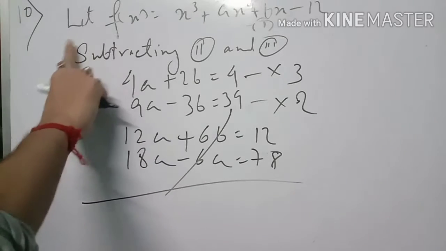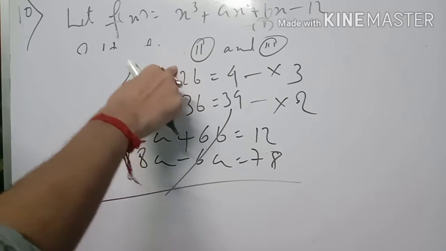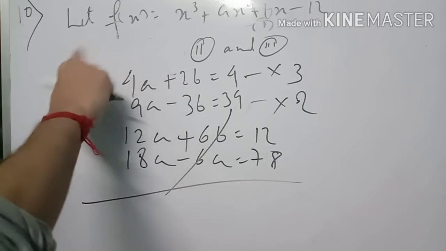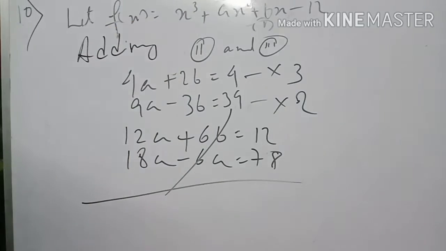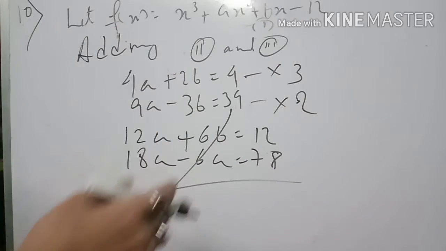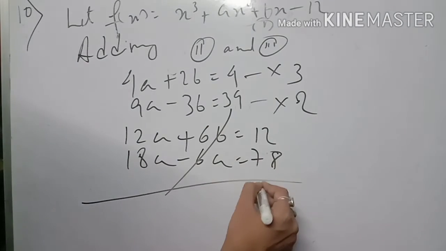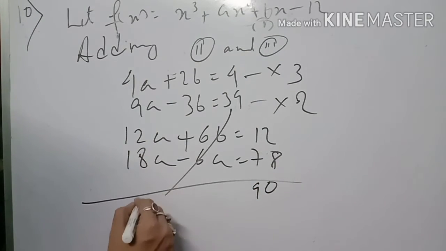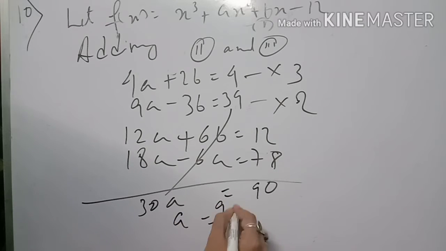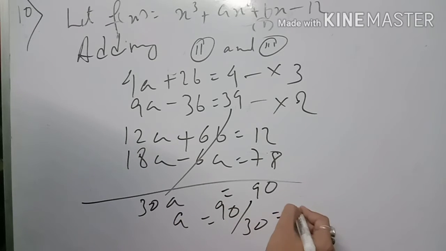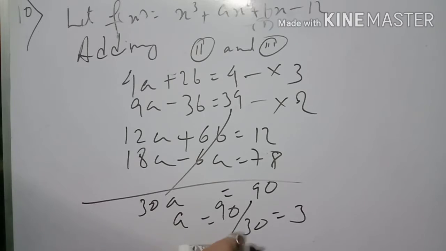Oh, by mistake I've written subtracting, it will be adding. Adding equations 2 and 3 with no sign change, 78 plus 12 becomes 90. This will become 30a. So for a, we get 90 by 30, the answer is 3.